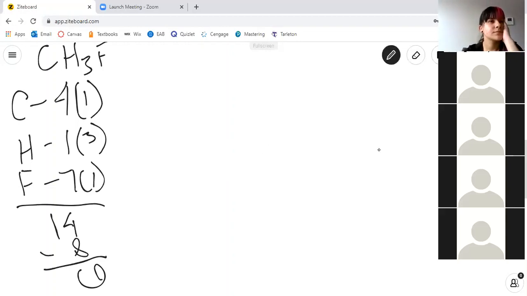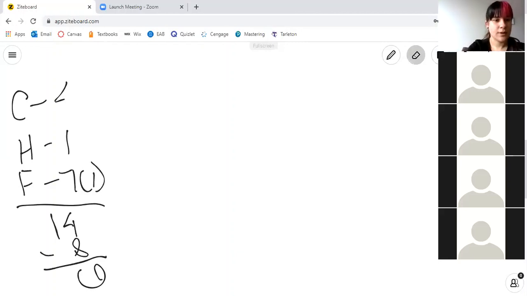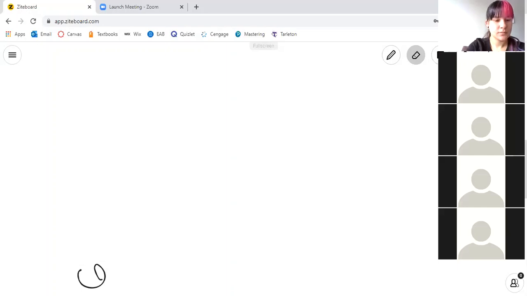So let's take carbon dioxide. This is a little bit of a hard concept for some to grasp, but carbon dioxide has polar bonds, but it's a non-polar molecule, and I'll show you why.